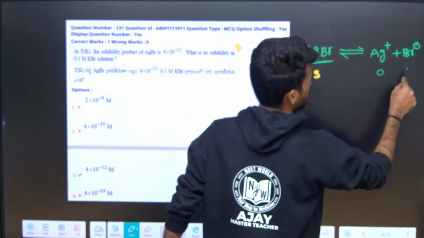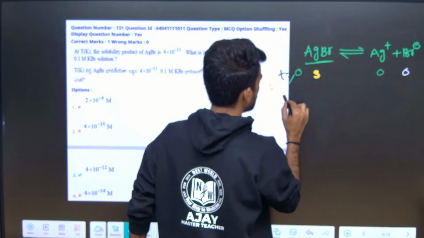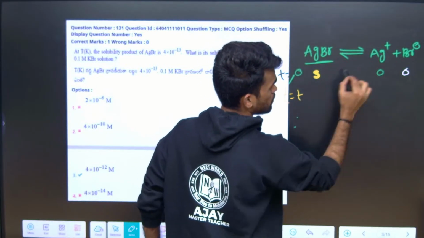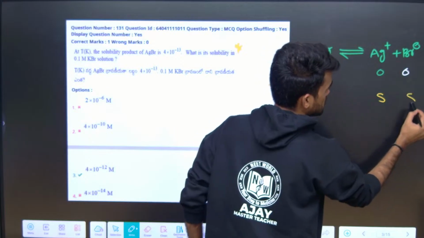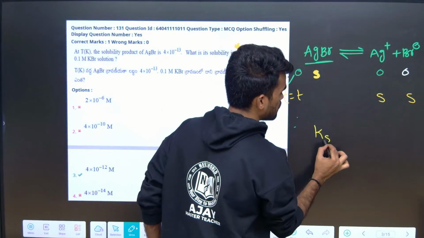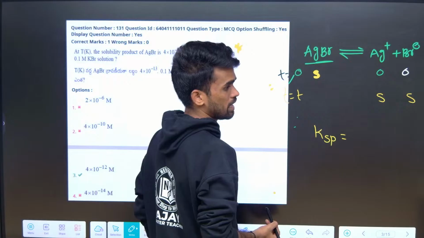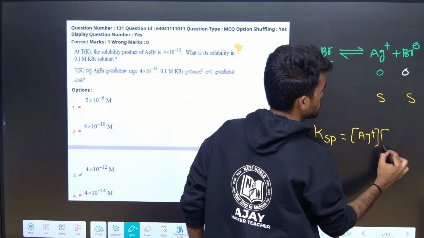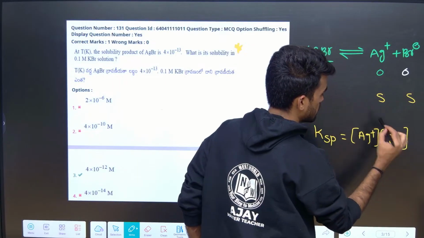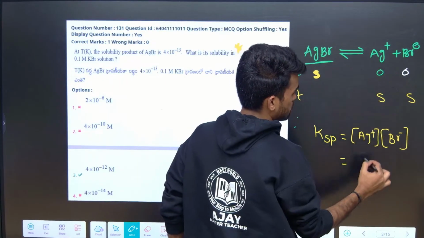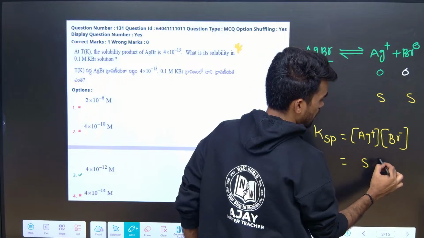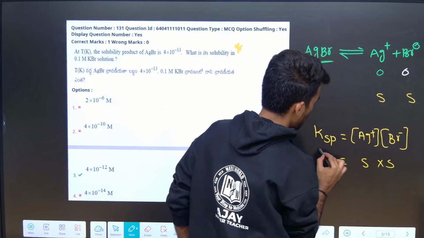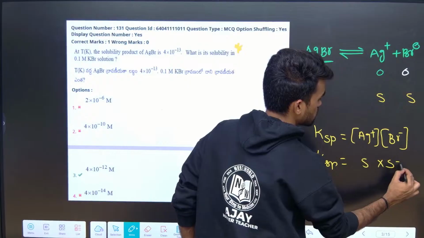After some time T, some amount will be solubilized, so I am writing S and S. Now Ksp, the solubility product, is the concentration of Ag plus into the concentration of Br minus. The concentration of Ag plus is S, and here it is S, so Ksp will be S square.